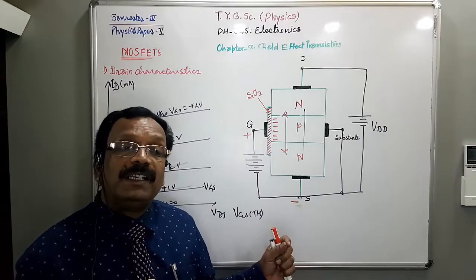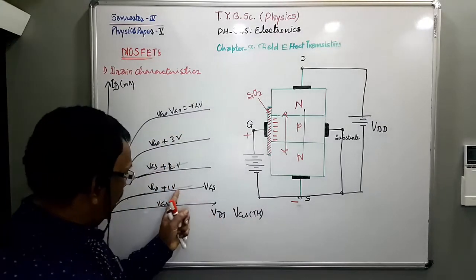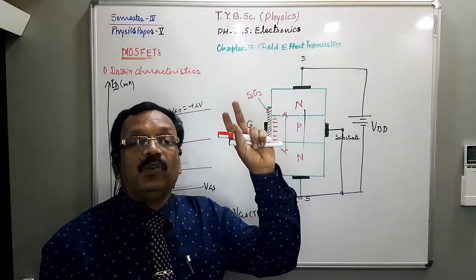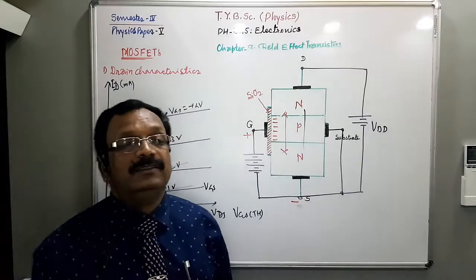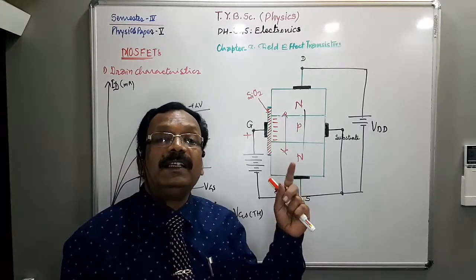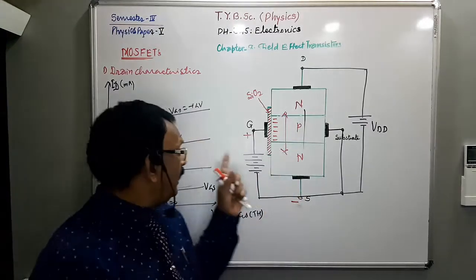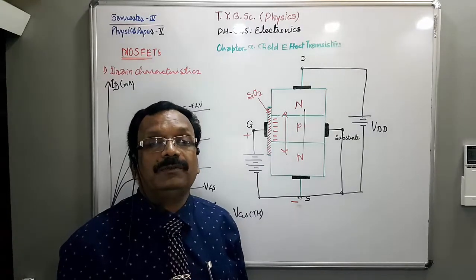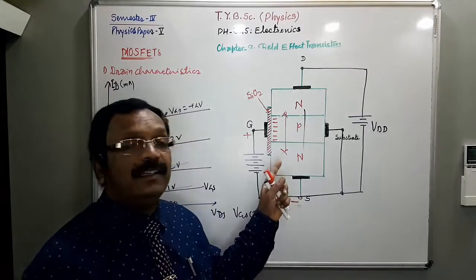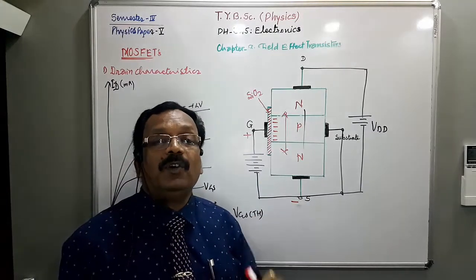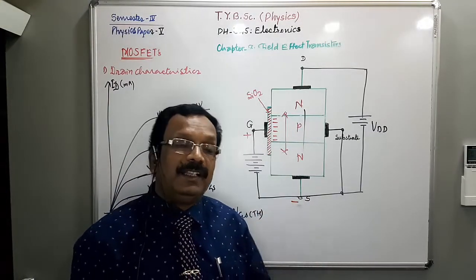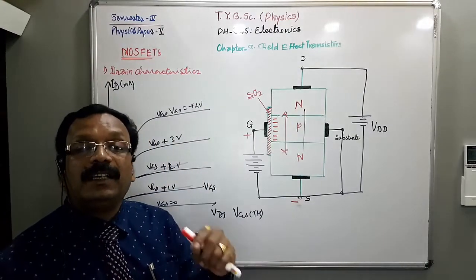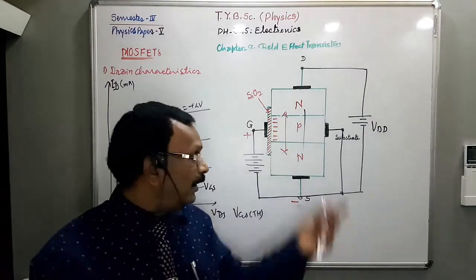When VGS is above this threshold, a large drain current flows through this MOSFET. The value of drain current increases with increase in gate to source voltage, because the width of the inversion layer widens with increasing VGS, and therefore it allows more free electrons to pass through it, and the drain current reaches its saturation value.